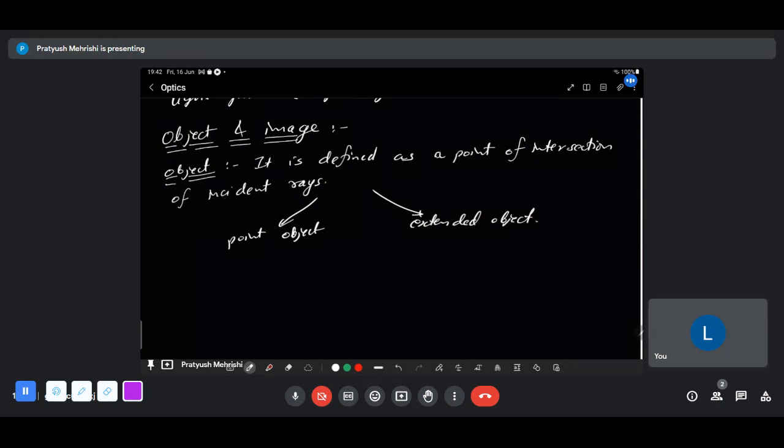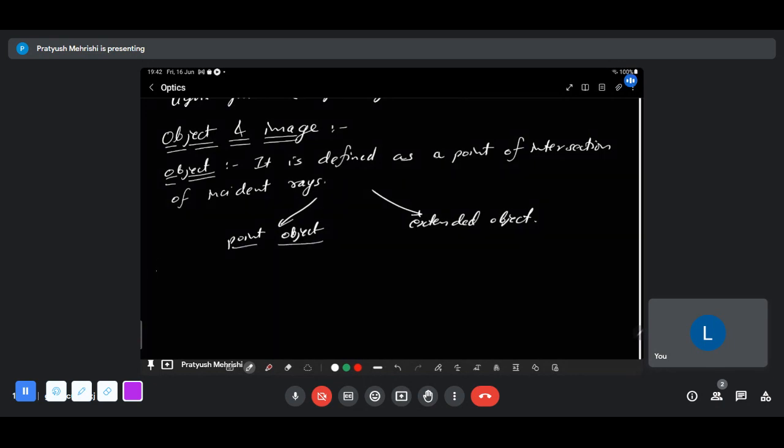A point object is that point from which all the incident rays are actually emerging. This is called a point object. Or we can say, or towards which the incident rays appear to converge. This is called a virtual object.